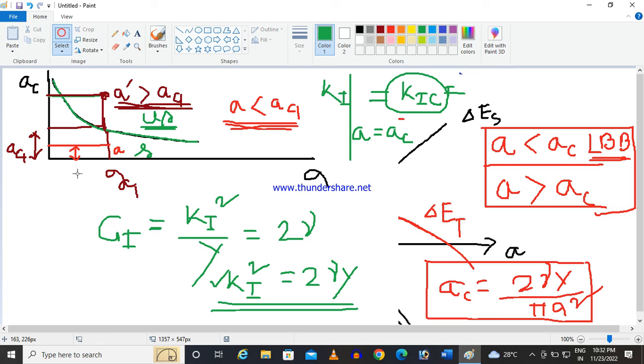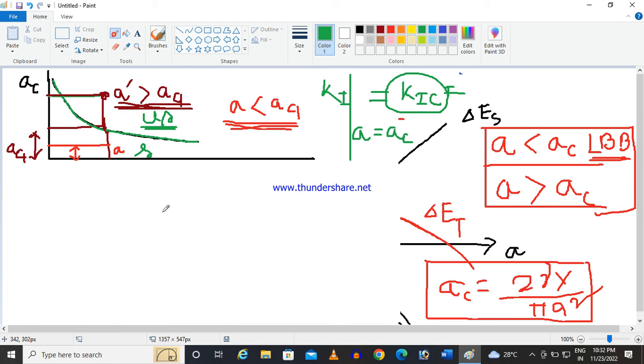So now we will write down the critical crack length formula in terms of this critical fracture toughness. So this K1C is basically 2 gamma times Young modulus. So this term can be replaced by KIC square.